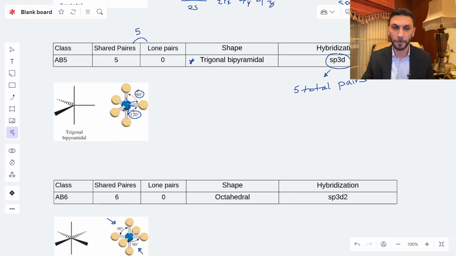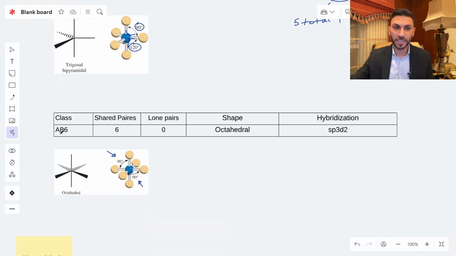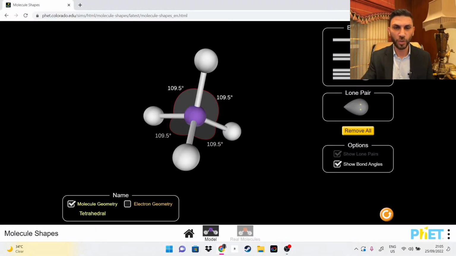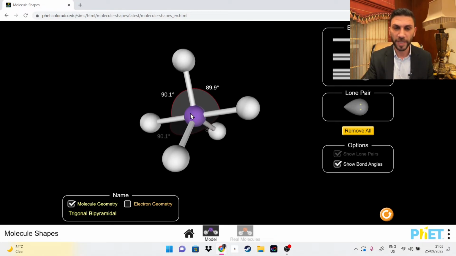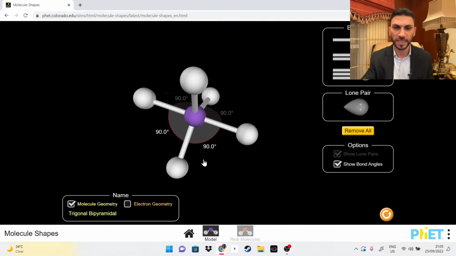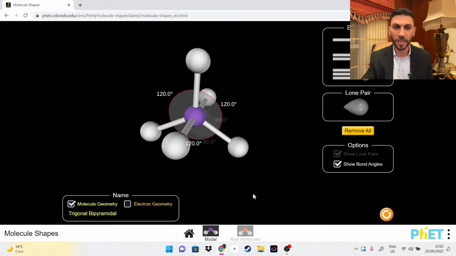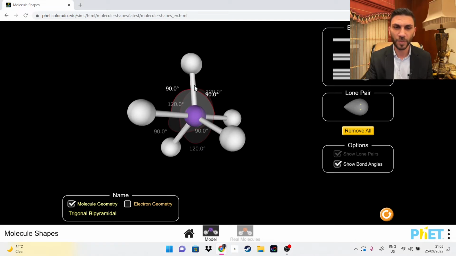is 120. When we have AB6, that means we have 6 shared pairs, 0 lone pairs, so the total pairs are 6. The shape is octahedral, but the hybridization now is s, p, p, p, d, d. So it's going to be sp3d2. Let's look at the 5 pairs again. The angle between these 2 pairs is 90, and the angle between this one and this one is 120.